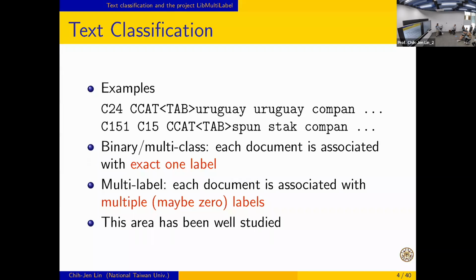And for multi-class, if you do say digit recognition, that's exactly one from 0 to 9. Multi-label is a different situation. That means each document can be associated with multiple or maybe 0 labels. And this is actually more difficult. This area has been well studied.